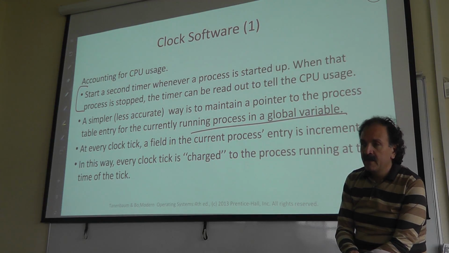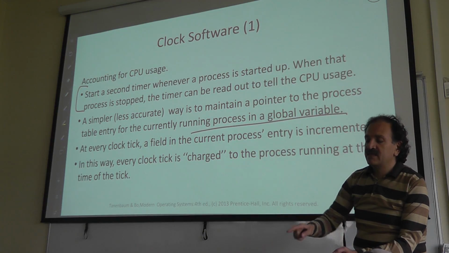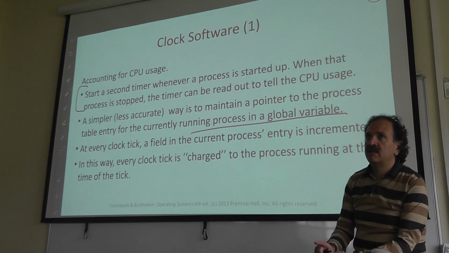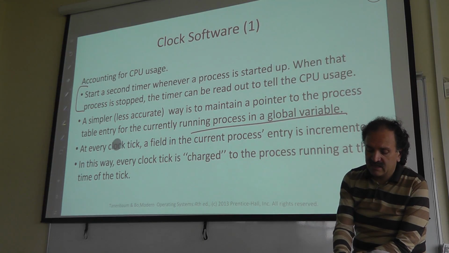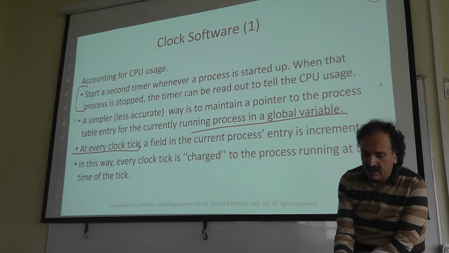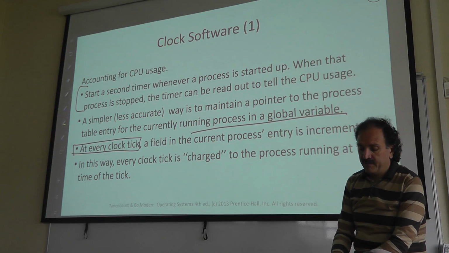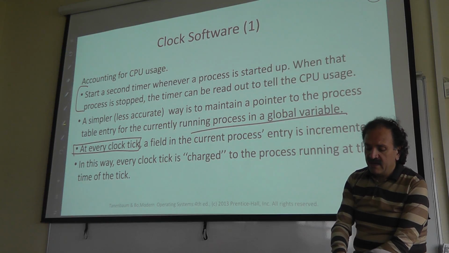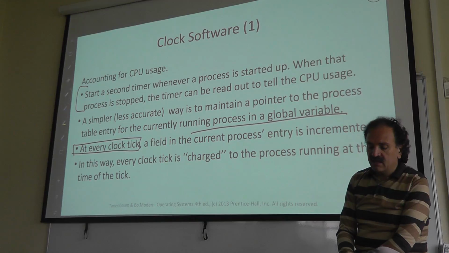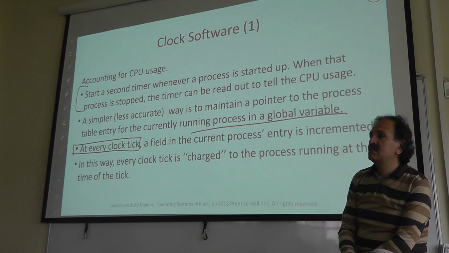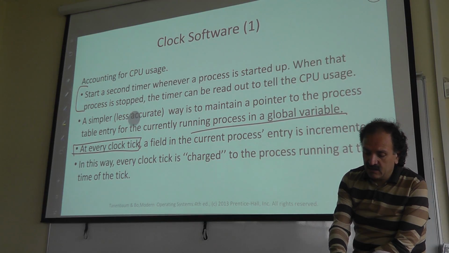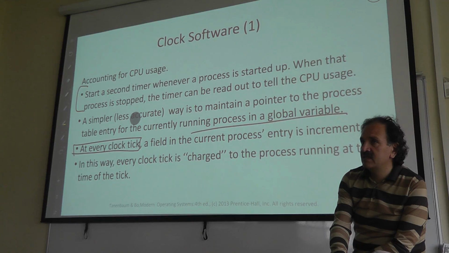That's it. So you are not keeping the exact time, but you are using the time in terms of clock ticks, and the clock is incremented when there is a CPU interrupt. This way, every clock tick is charged to the process running at the time of the tick. So this is less accurate because it is not measuring the exact time.